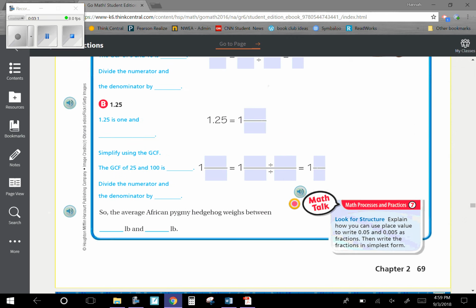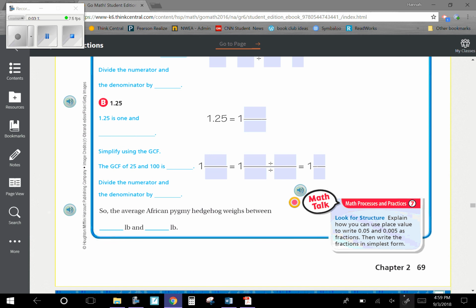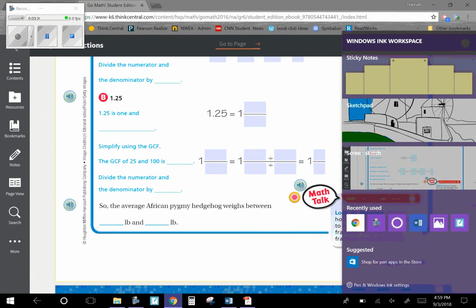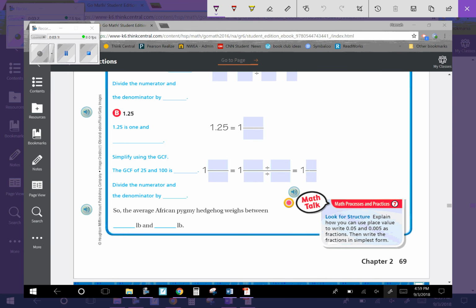Look down here at part B. Okay, part B says 1.25. Gave that answer away. 1.25 is 1 25/100.